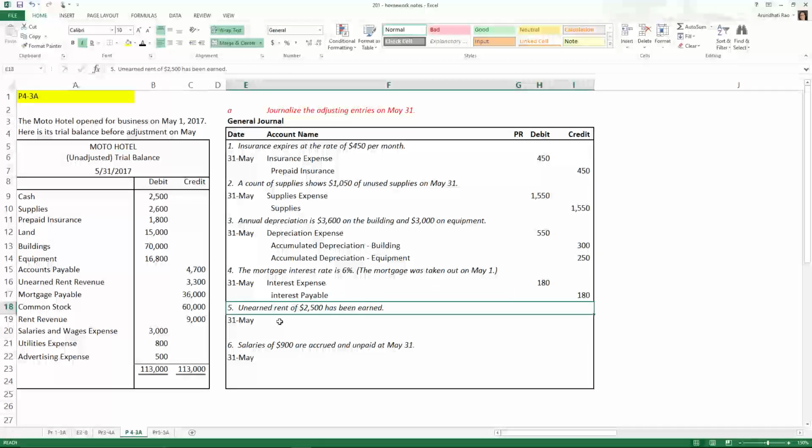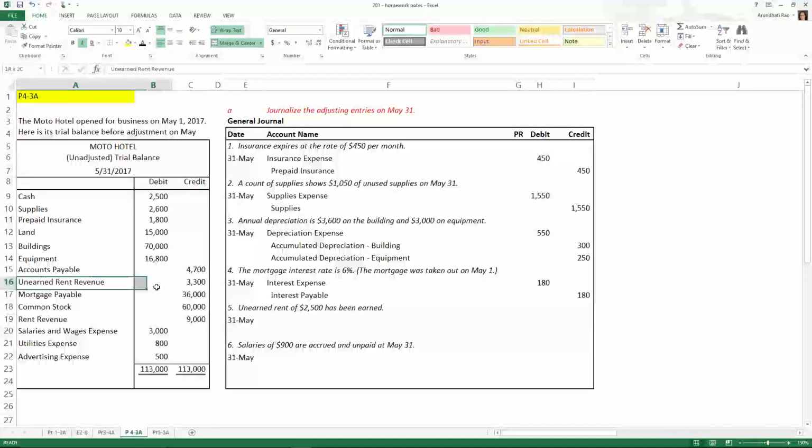The fifth piece of information we've been given is unearned rent of $2,500 has been earned. Unearned rent is a liability. If you look at your balance sheet, we have $3,300 in unearned rent. What this basically means is my customers have paid me ahead of time. I still owe them the service of letting them use my hotel.